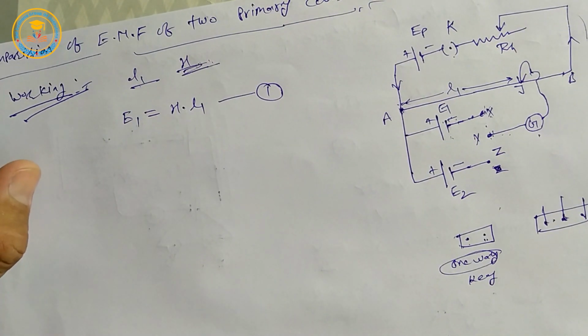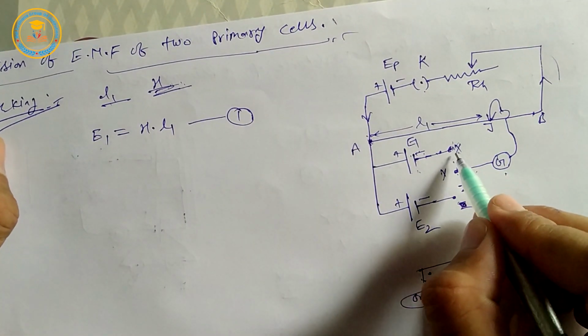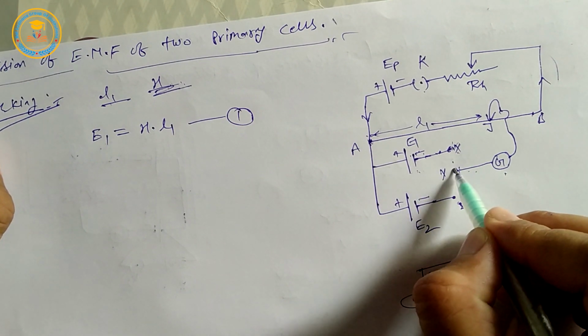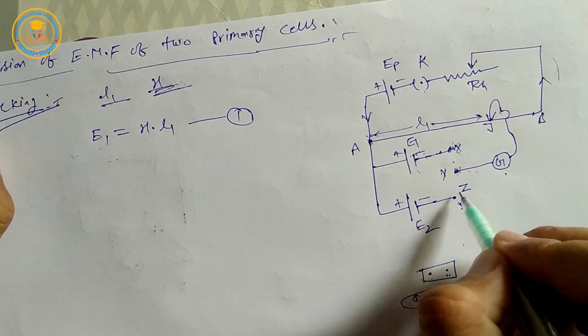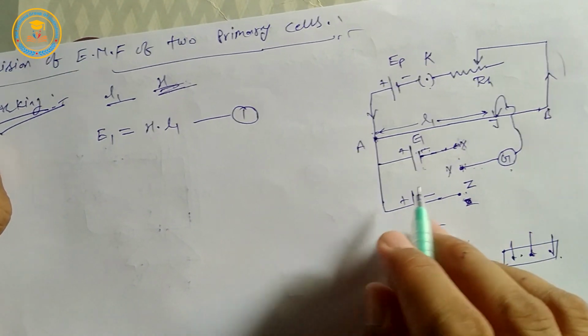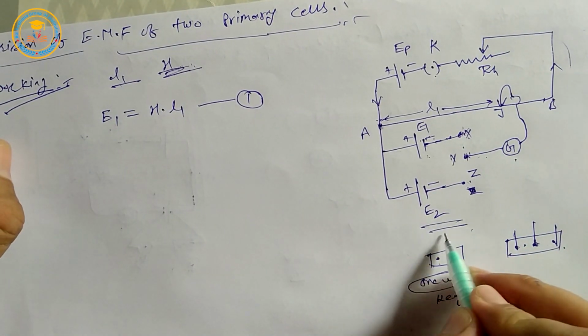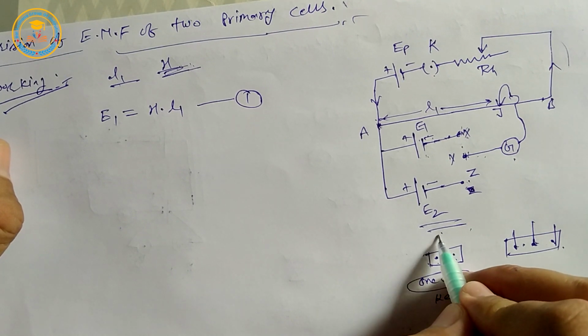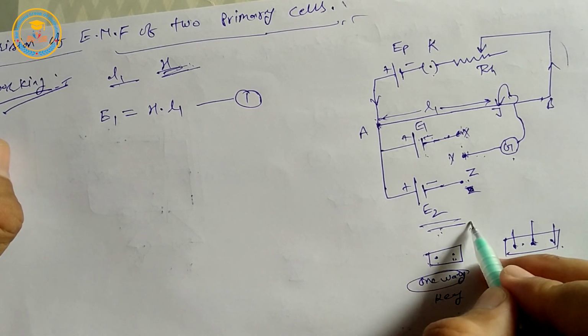Now, by removing this dot from X and Y, and inserting the dot between Y and Z, in this situation the cell of EMF E2 is working.